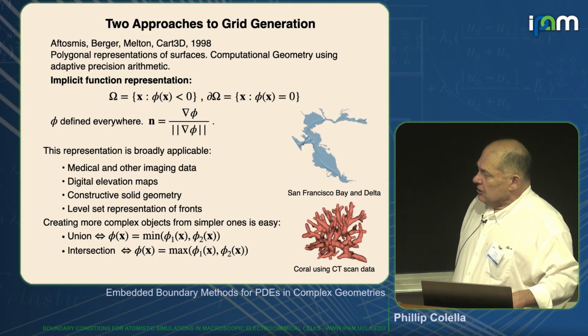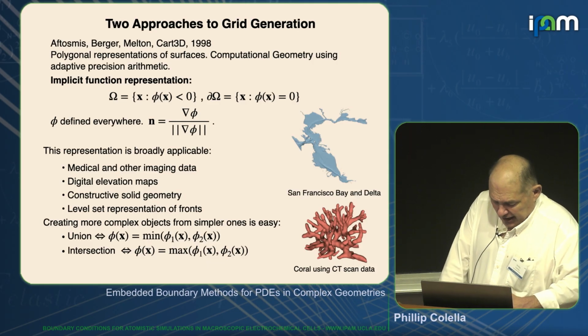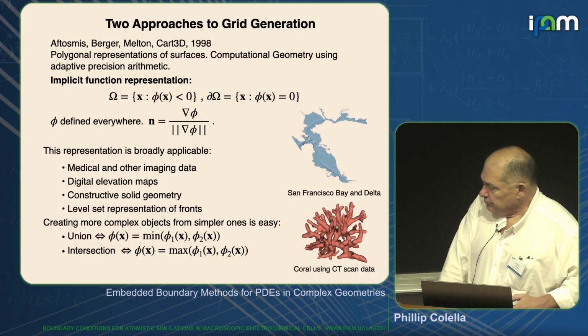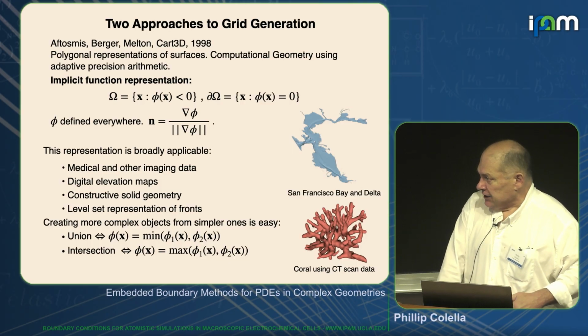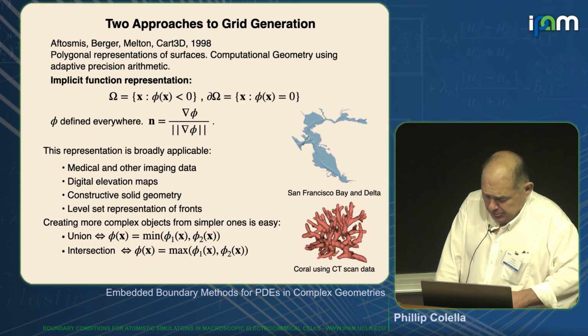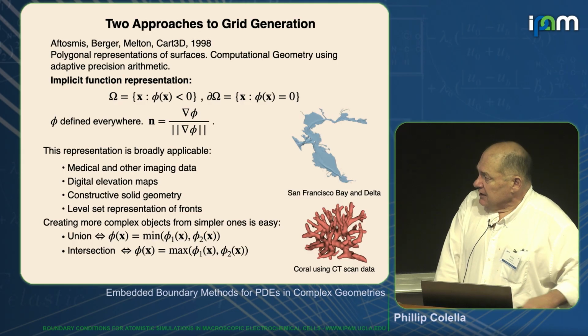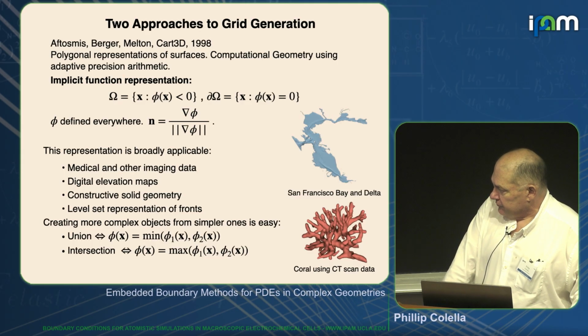Your irregular domain omega is the set of all points x such that phi of x is less than 0, and the boundary of your domain is the set of all x such that phi of x is equal to 0. Phi is nominally defined everywhere, although you really only care about it near the boundary. But also, the normal is something that comes out very naturally from this. The normal is just the gradient of phi divided by the 2-norm of the gradient of phi.